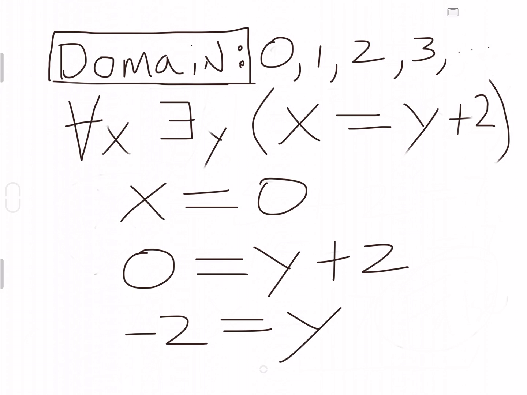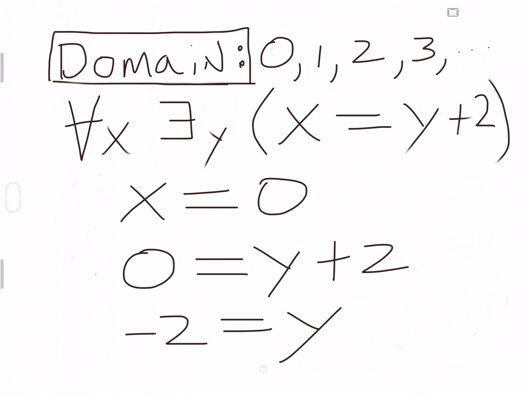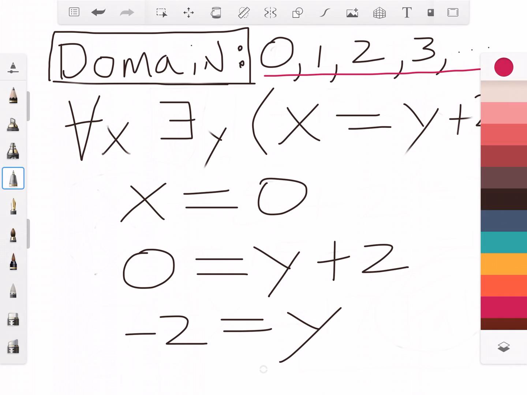Do you see that? There's no negative 2 up here. So the order of the quantifiers makes a difference, and what your domain is makes a difference. It's been fun.